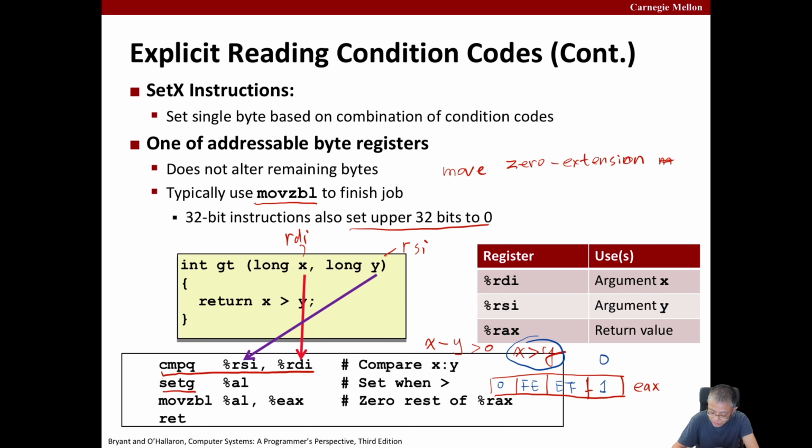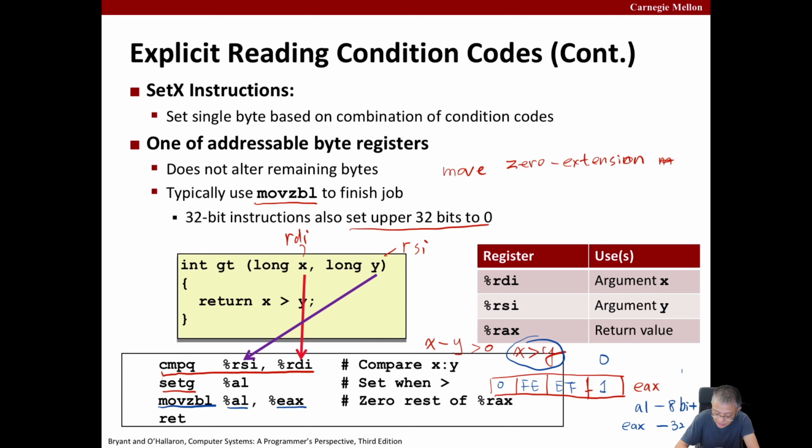So to solve this problem, what you want to do is to call the movzbl instruction. You move AL to EAX with 0 extension. AL is 8 bits, EAX is 32 bits.